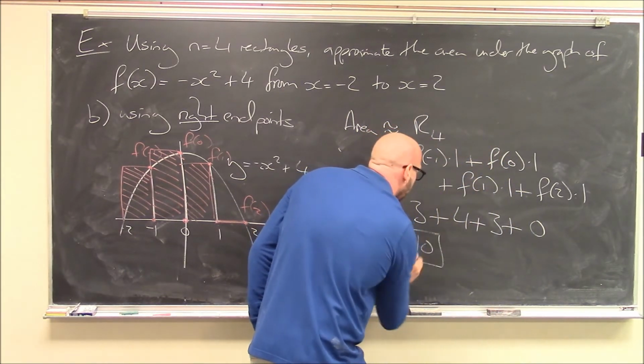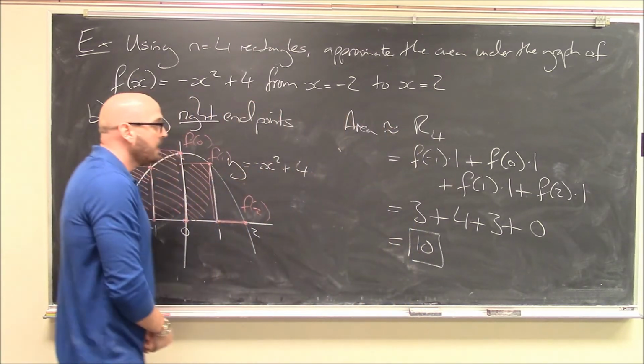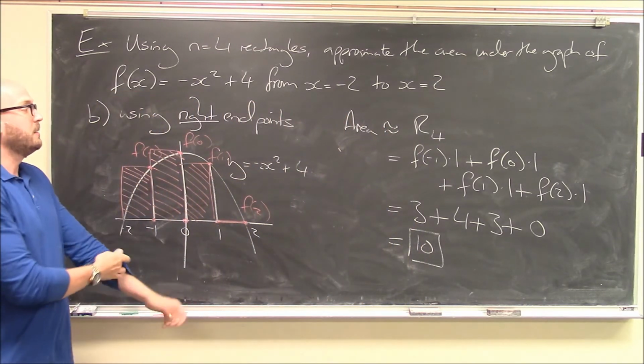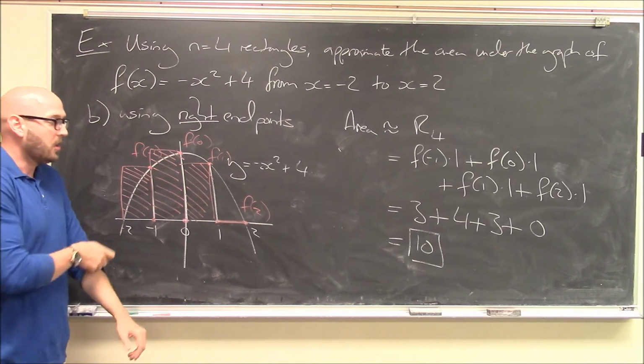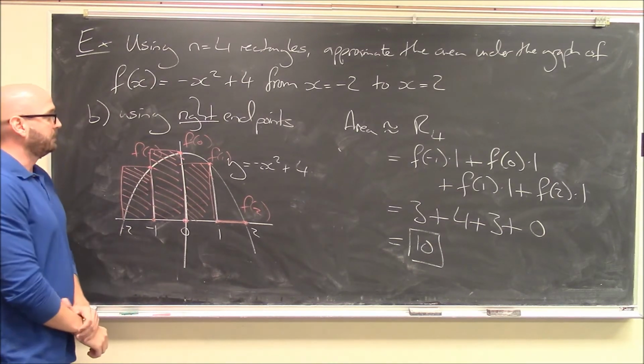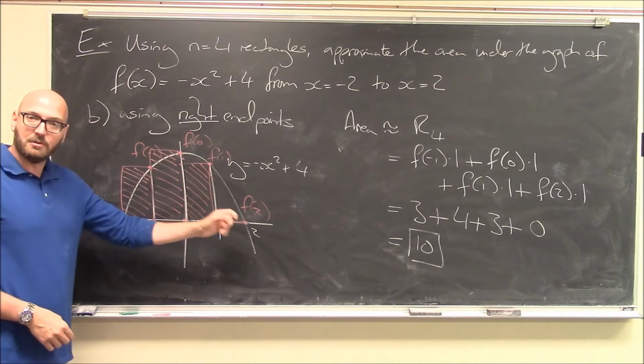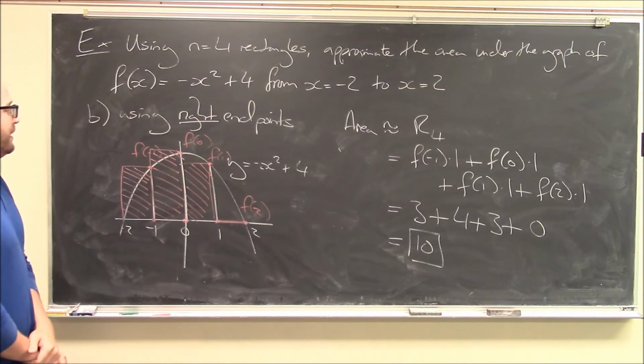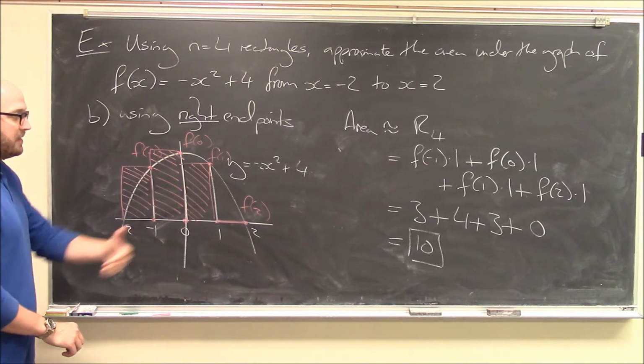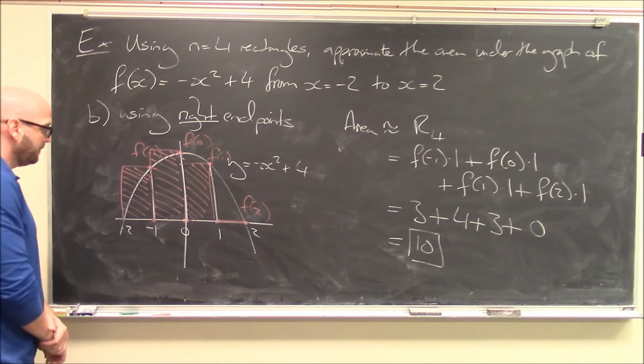So this is also 10. Purely coincidental that it's the same as using left-hand endpoints, not often the case. Your approximation can depend strongly on whether you choose left or right-hand endpoints, but in this case it doesn't. It's the same area either way.